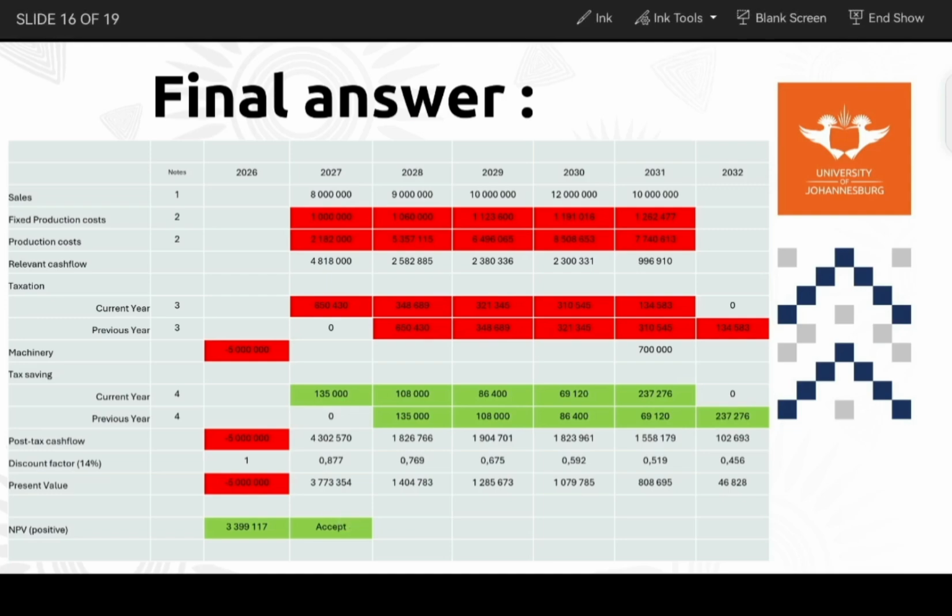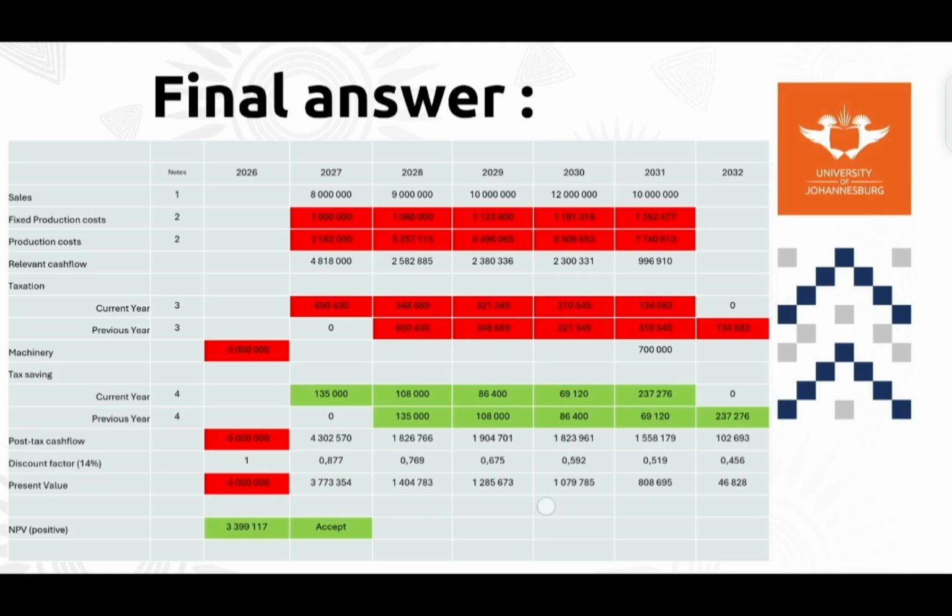So this is now after you've considered all the discounting factors, right? You get your present value. And then once you've gotten your present value, you add all of these. You add them all to get your net present value. And because it is positive, you then accept the project, right?